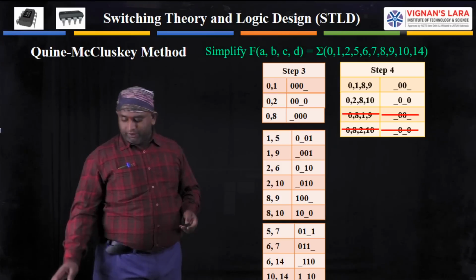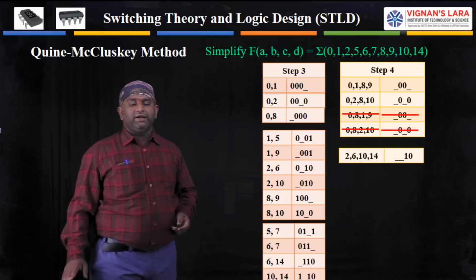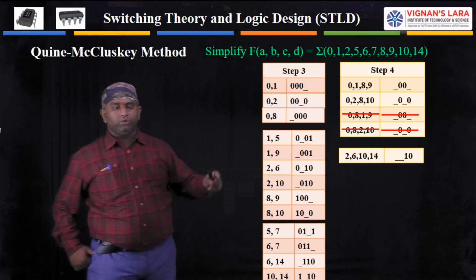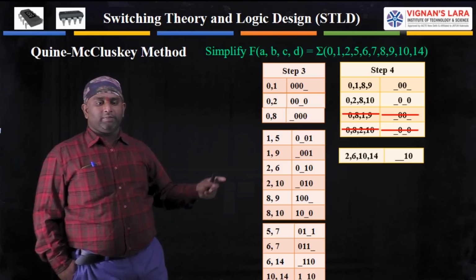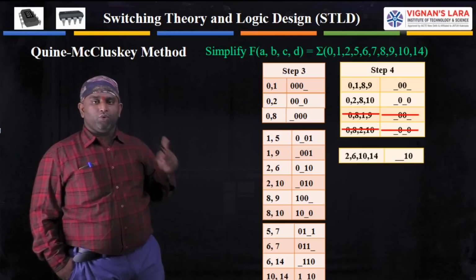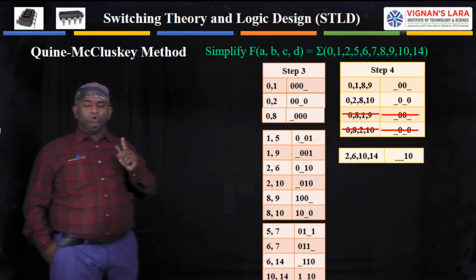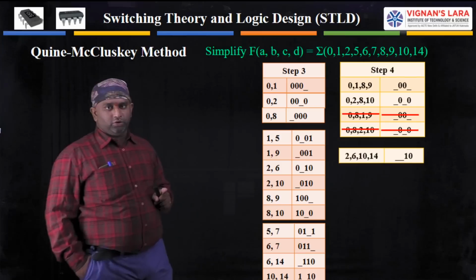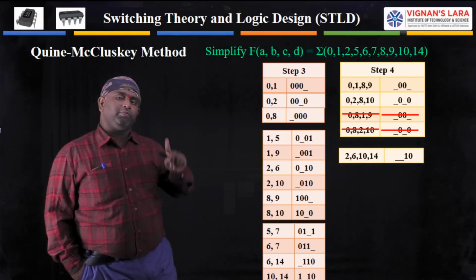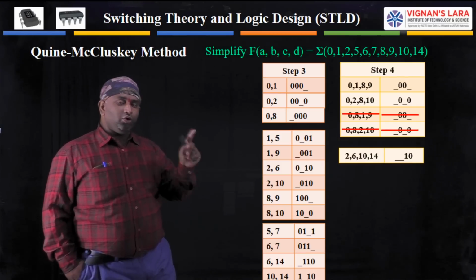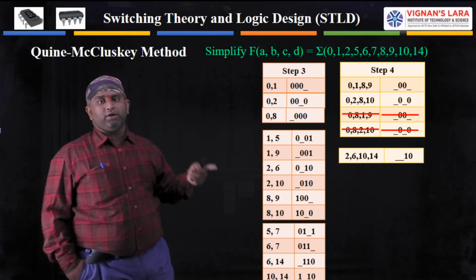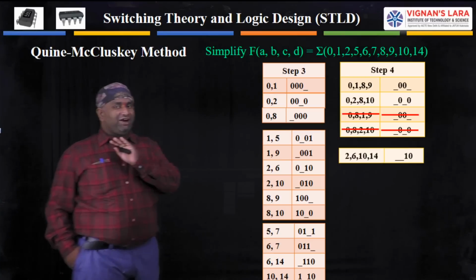Okay. Next, coming to the second and third group. From the second and third group, see here 1 comma 5, 5 comma 7. Is there any similarity? Only one differentiating element should occur, so it is not possible. You have to check the differentiation between 0 comma 1 only. Don't consider 0 comma dash comma 1 or dash comma 1. It is not possible.